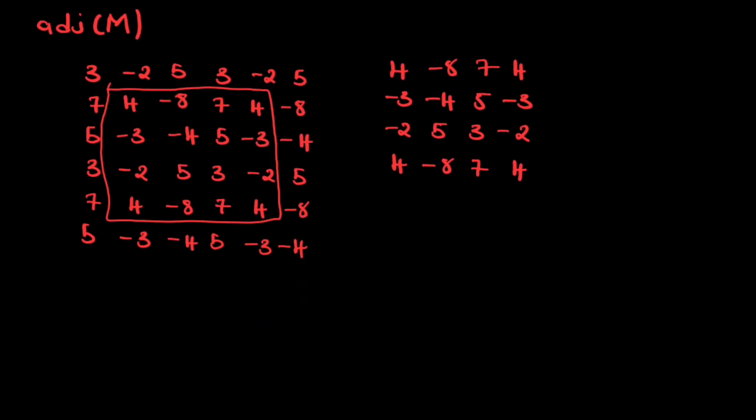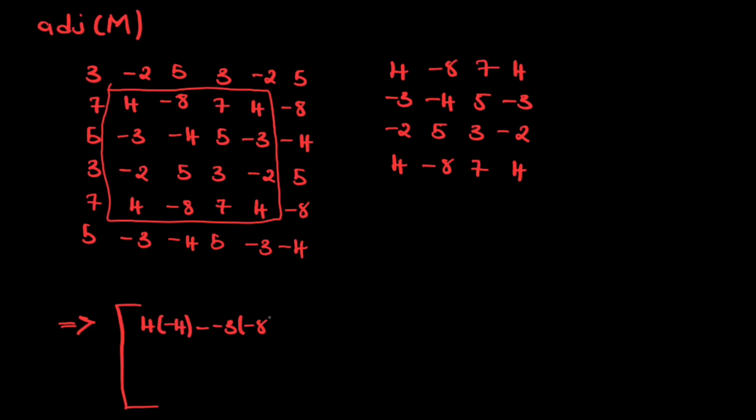Now we group them in 2 by 2 matrices. We take our first 2 by 2 matrix: 4 times minus 4 minus minus 3 times minus 8. We are just looking for their determinants. Take the second: 5 times minus 8 minus 7 times minus 4.